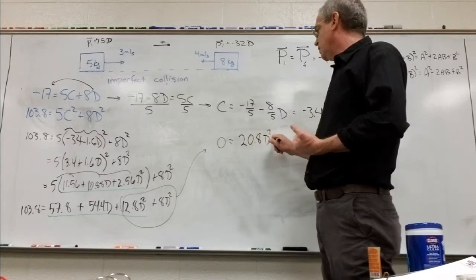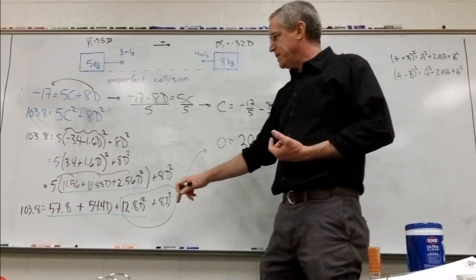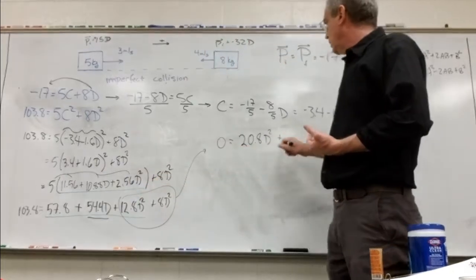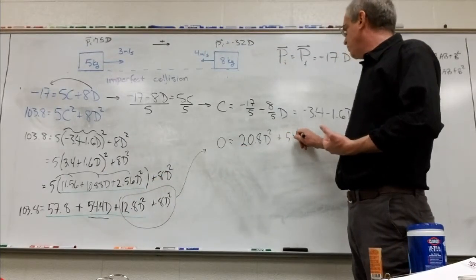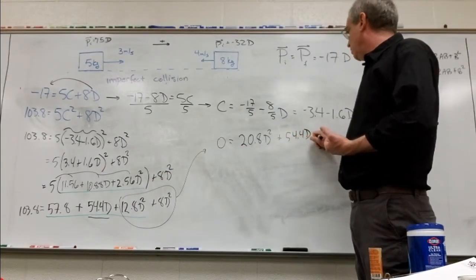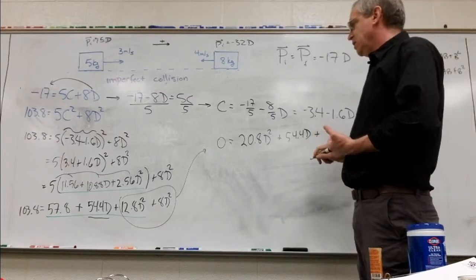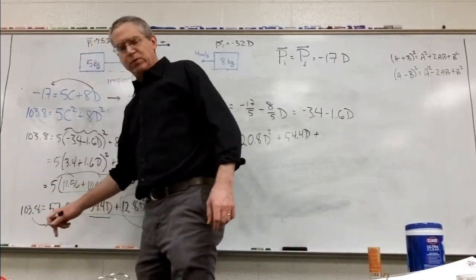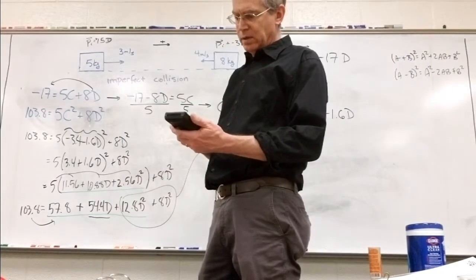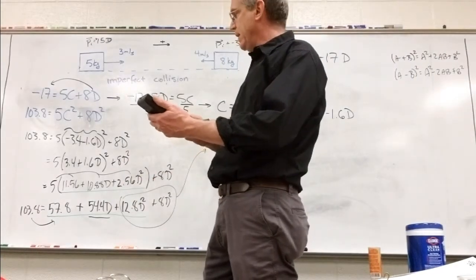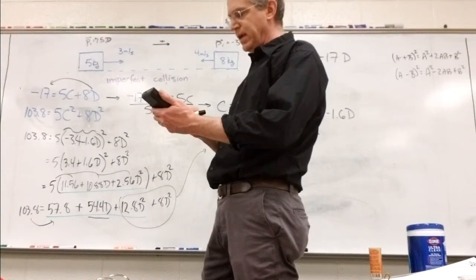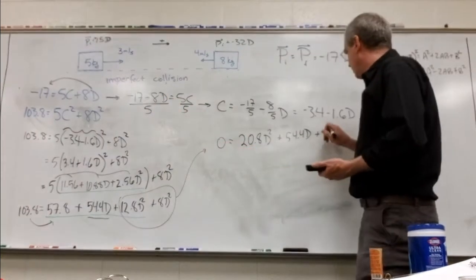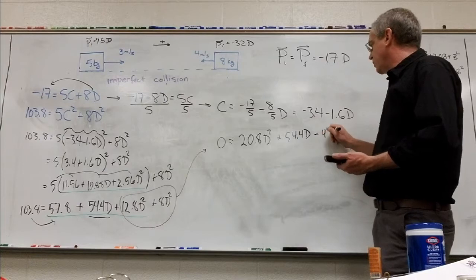20.8d squared. Plus, I have my d term here, 54.4d plus, well, when I subtract 103.8 from both sides, so 57.8, 103.8 minus, I get negative 46.